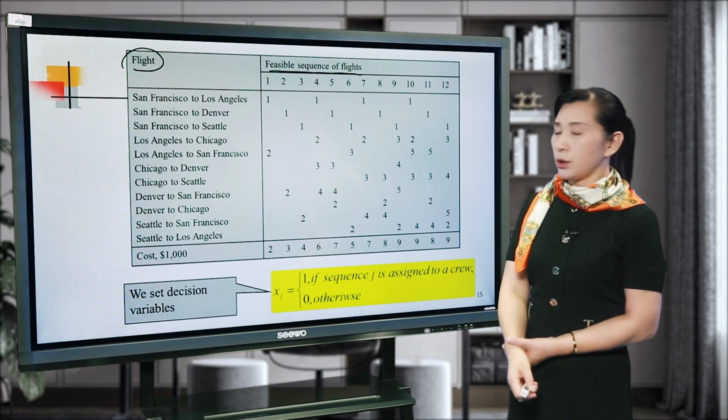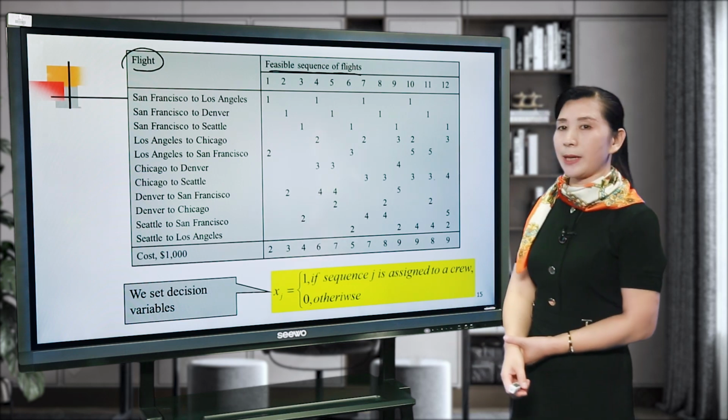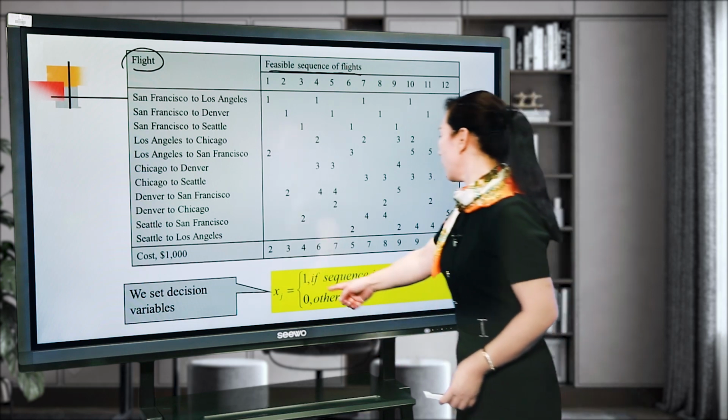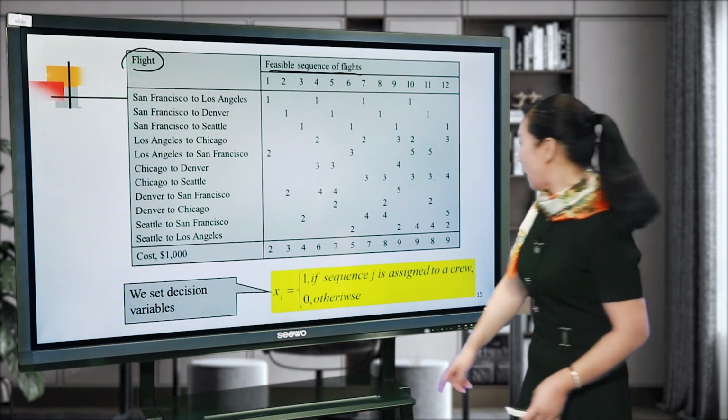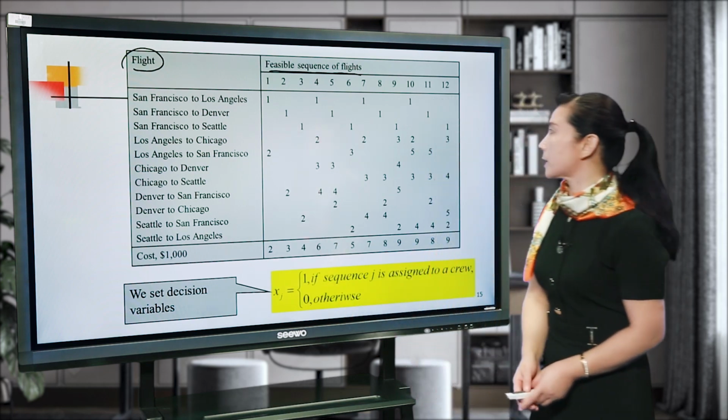So we set the decision variable xj equal to 1 if sequence j is assigned to a crew, xj equal to 0 otherwise.